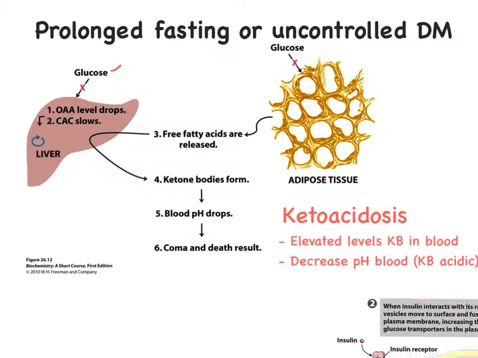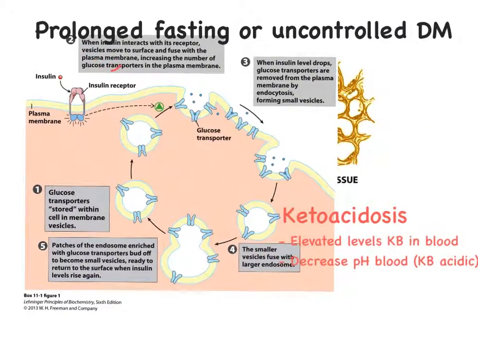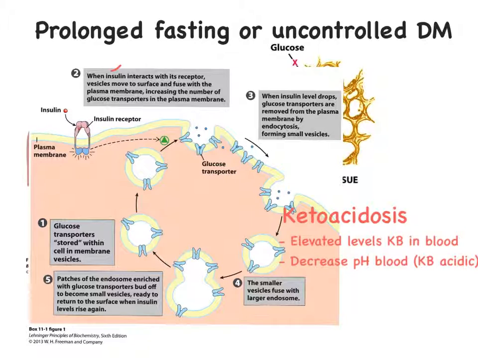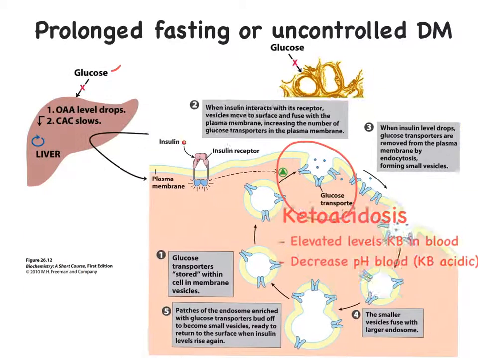If you remember back in the case of diabetes, insulin was required in order to send our glucose transporters to the cell surface so that we could take up the glucose into the cells.